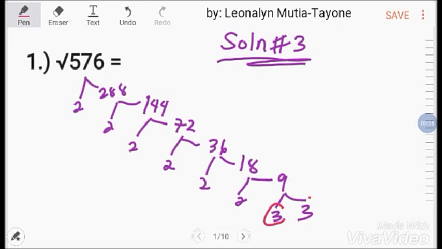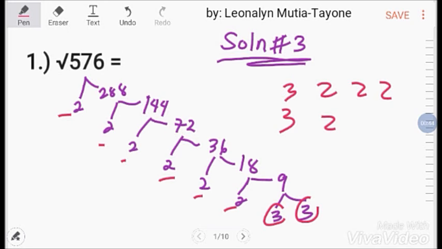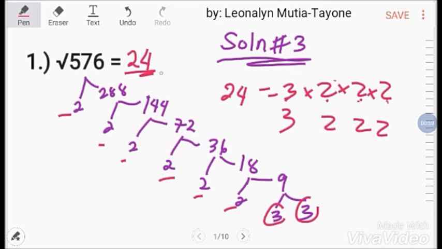So, bale, tig-isang 3. Ilan ba itong 2? 1, 2, 3, 4, 5, 6. Tag-tatlong 2. Okay? So, yan ang i-multiply mo. And this is 3 times 2 equals 6, times 2 equals 12, times 2 equals 24. So, the answer is 24.